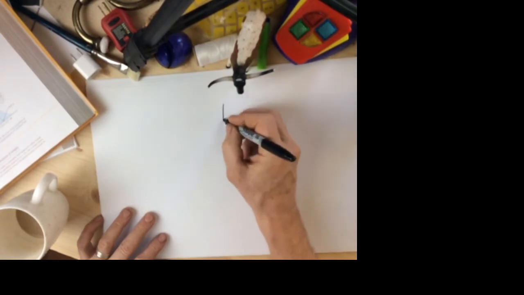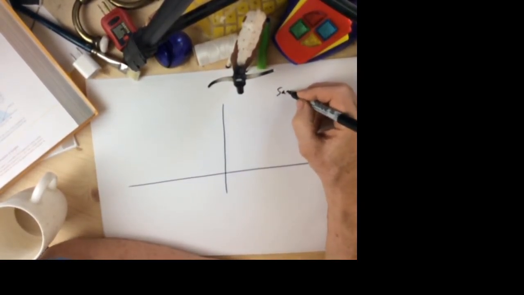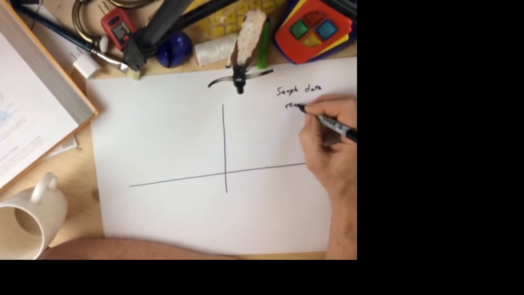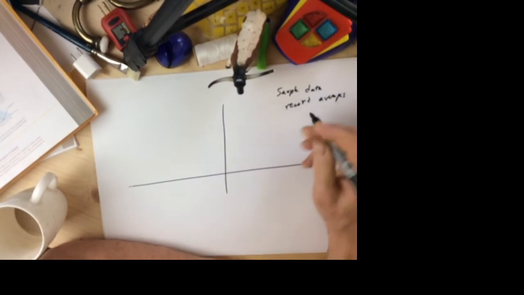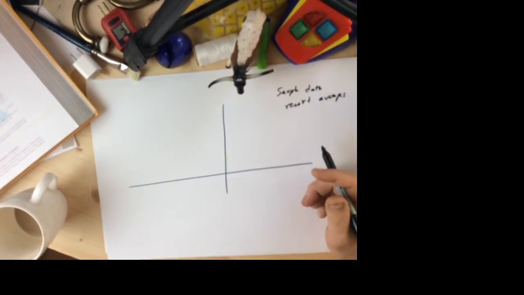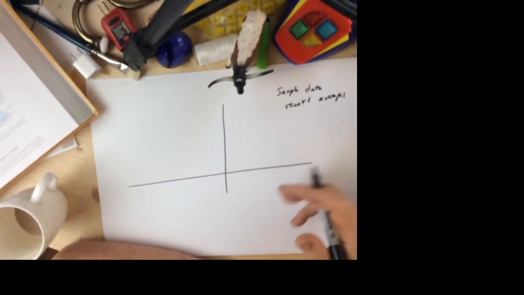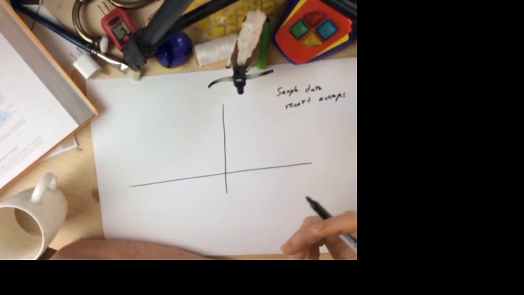So now I'm going to draw a very important picture. When you sample data and record averages from groups, in other words, let's say I sample 3 people in the group and say, what's your age, and record the average. Sample 3 other people, record the average. Repeat this over and over again.